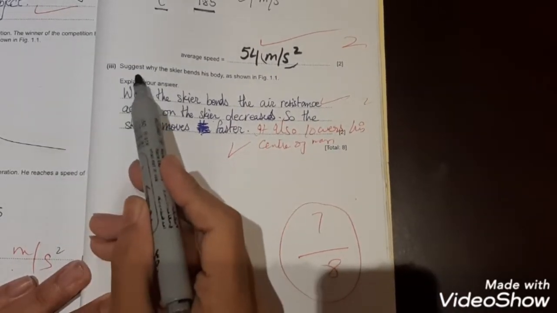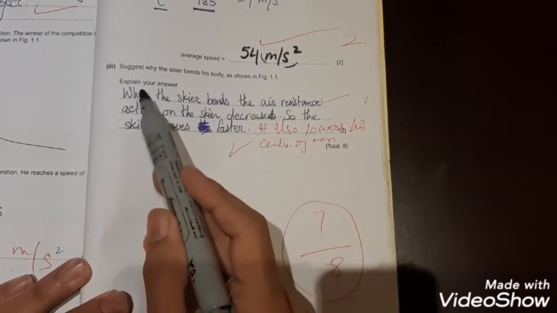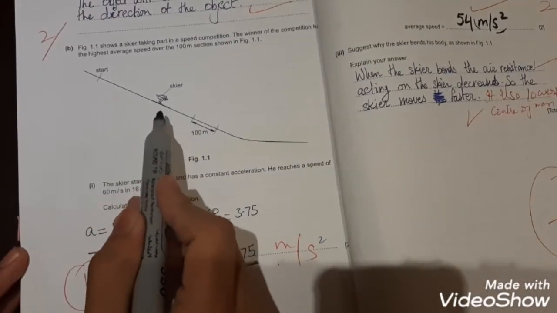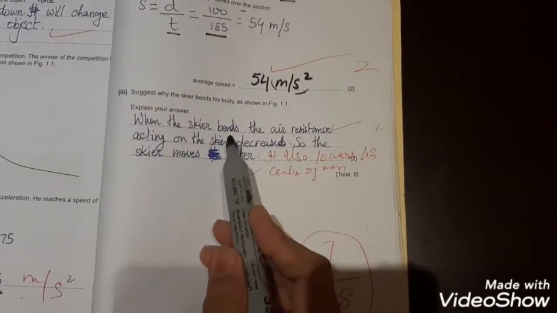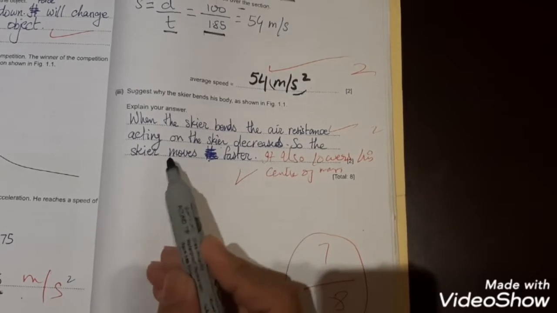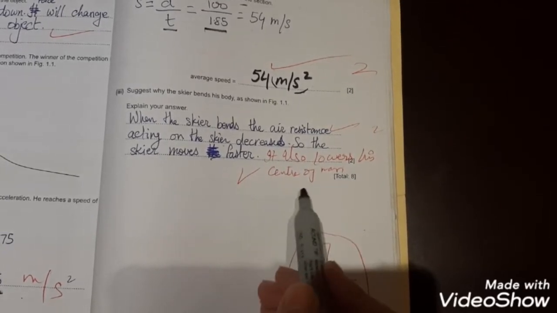Part 3 states suggest why the skier bends his body as shown in figure 1.1. Explain your answer. So over here the skier bends his body. Why? Because when the skier bends, the air resistance acting on the skier decreases, so the skier moves faster. It also lowers his center of mass.